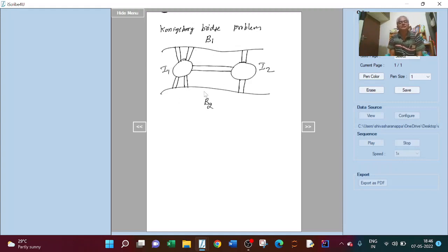The Swiss mathematician Euler was thinking on this problem. What he did, instead of the figure, he represented the land areas by points and the bridges by lines joining the corresponding points.